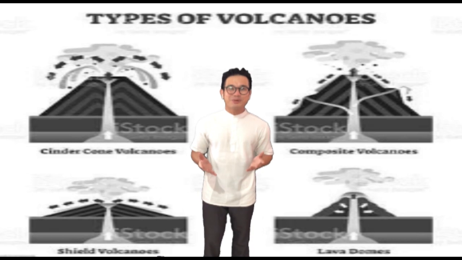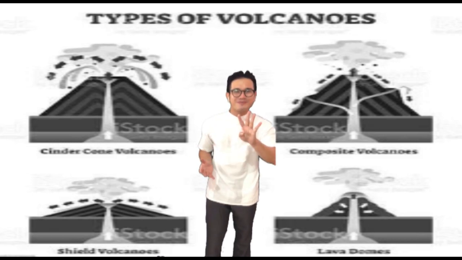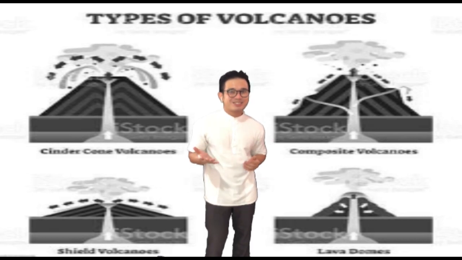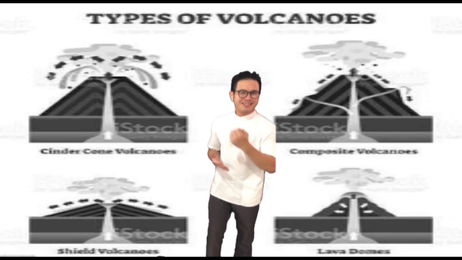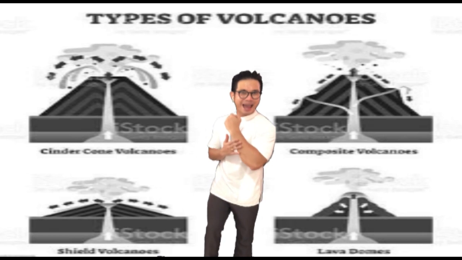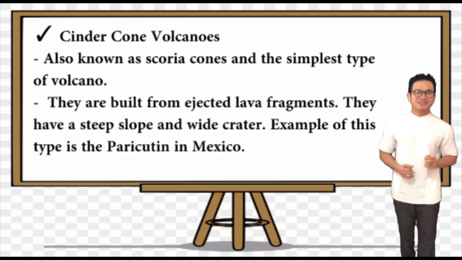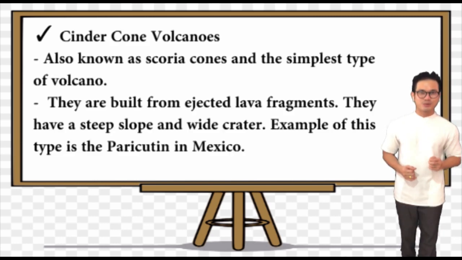Geologists generally group volcanoes into four main kinds. These are the cinder cone, the stratovolcanoes, the shield volcano, and the lava domes. Now, let's get to know more about the different types of volcanoes and their features. First is the cinder cone volcanoes.